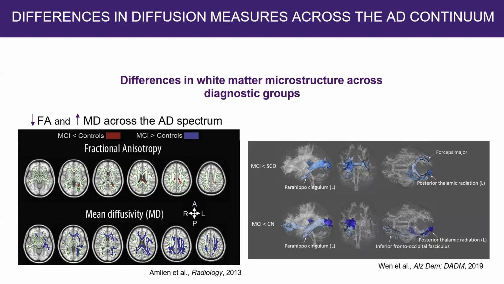For example, it is very well known that if you have multiple sclerosis, you will have a decrease in FA and an increase in MD. But that is not always the case in every disease. So when you process it and have all of the values, you need to have a logical result. It's not that you process all of the images and can mix everything and have a result. No, you need to have a coherent result with your disease.